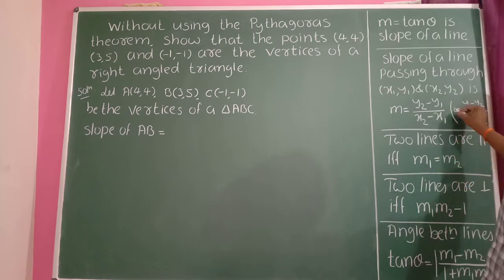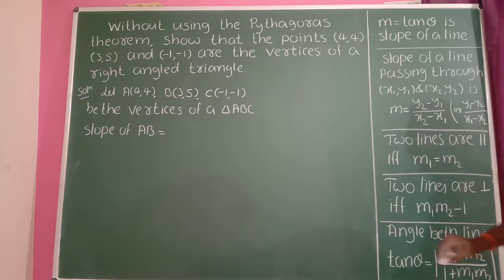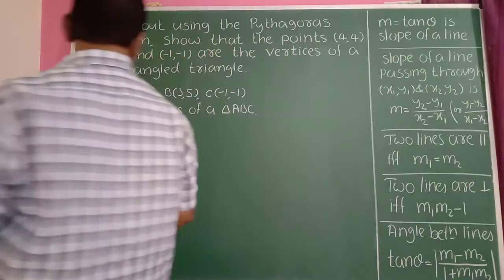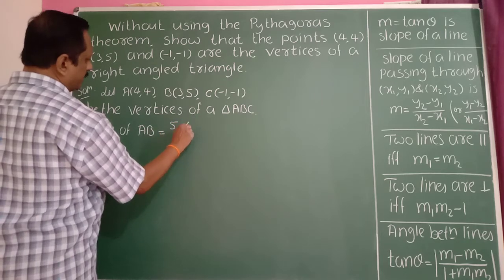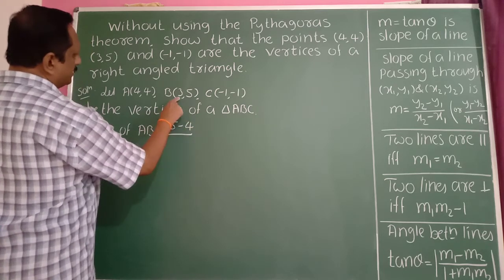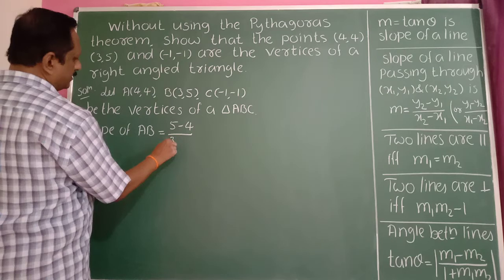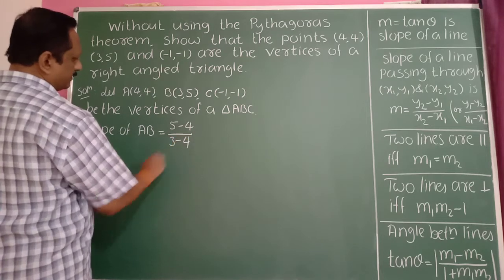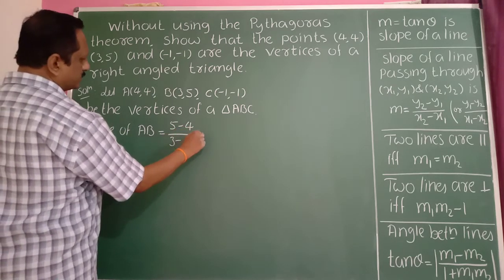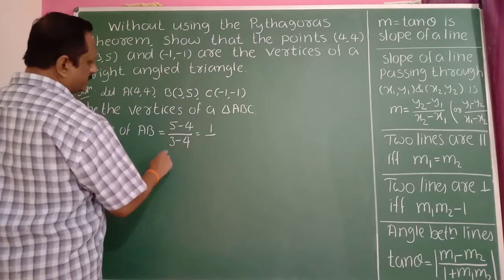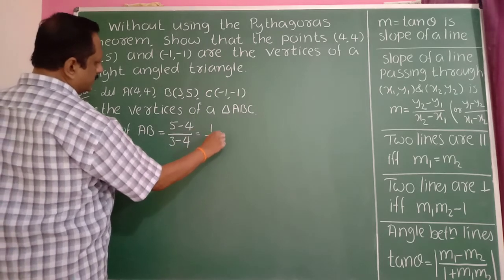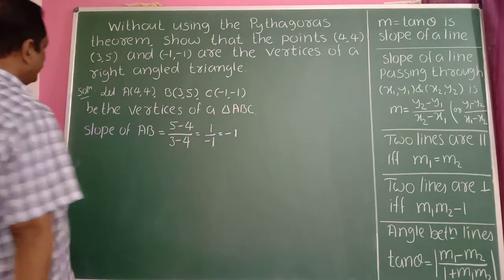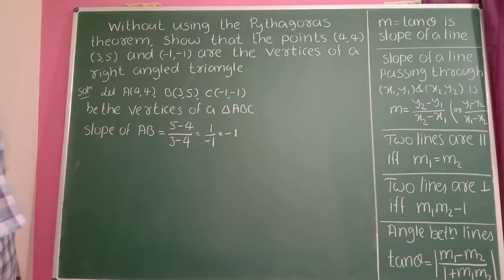You will get the same answer. Therefore, 5 minus 4 divided by 3 minus 4. 5 minus 4 gives 1, 3 minus 4 is minus 1, and 1 upon minus 1 is minus 1. So the slope of the side AB is minus 1.